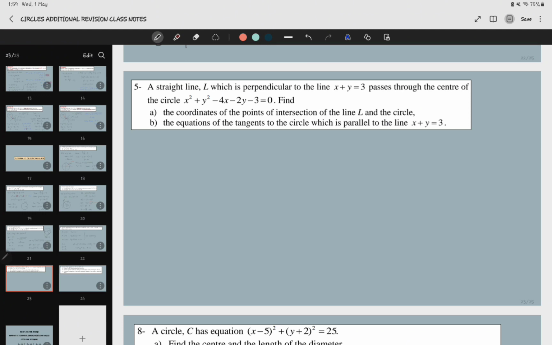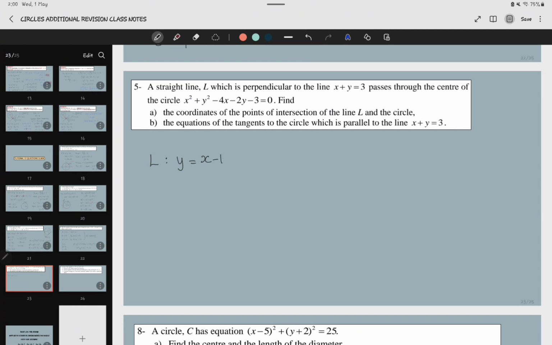Okay, so first you find the center, you find the radius, find the gradient of the line L, then you substitute that into the circle equation. I think eventually you will get that the line L is y equals x minus 1.